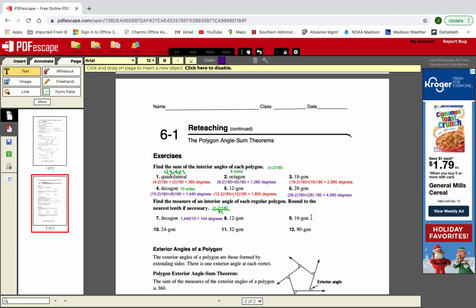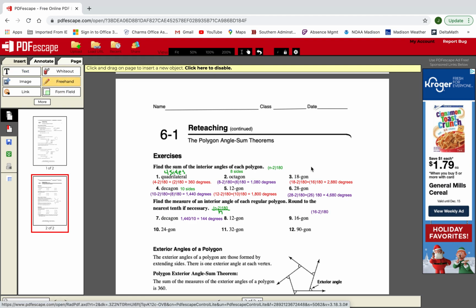So for a 16gon, I'm again doing the odds. We did not already have the n minus 2 times 180, so let's do that first. And we can do it all at the same time here. So we have 16 minus 2 times 180, and then we are going to divide that by 16, okay? I'm going to freehand this so that I don't have to try to botch this up like I did on that other one. We're going to divide that by 16, okay?